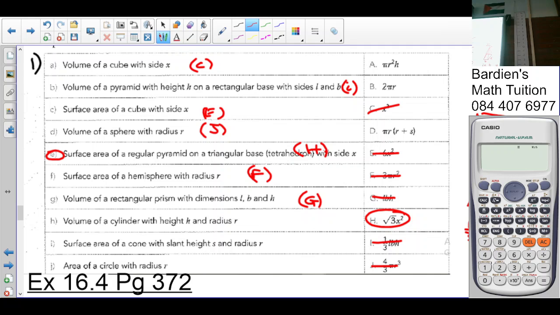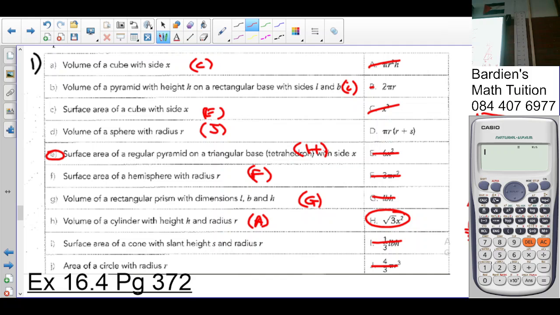The volume of a cylinder with height h and radius r. It's going to be pi r squared times h, which makes it A. Not so? The next one, the surface area of a cone with a slant height s and a radius r. I would go with D.